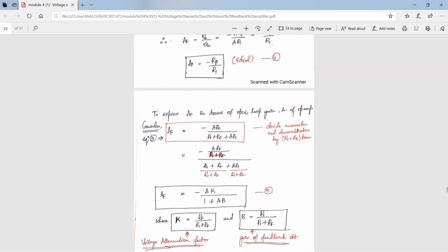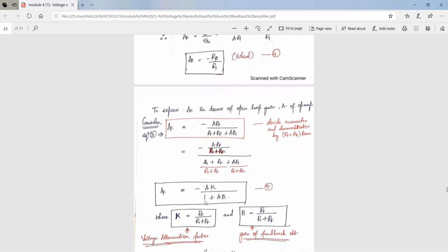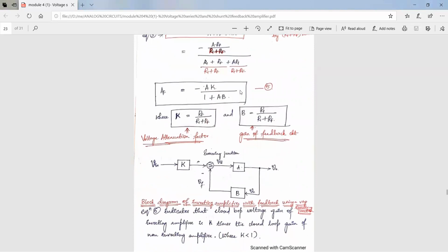That is indicated by the letter K. So I'll write minus AK divided by 1 plus AB. So name this as equation 5.